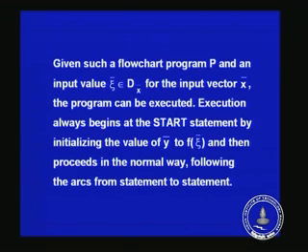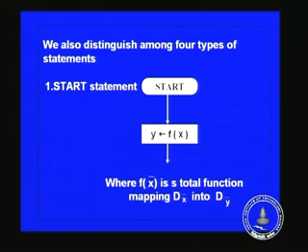Execution always begins at the start statement by initializing the value of y bar to f of psi bar, because the first statement, if you look back, is y bar is assigned f of x bar.